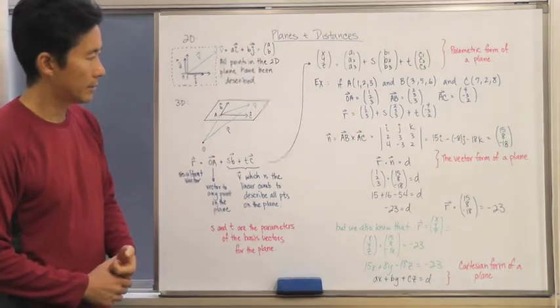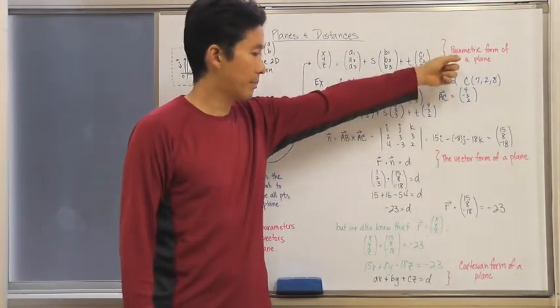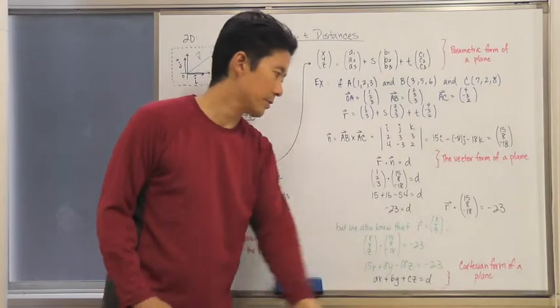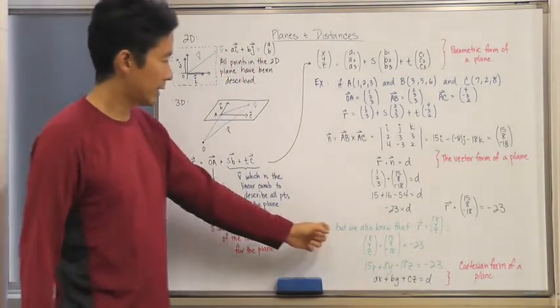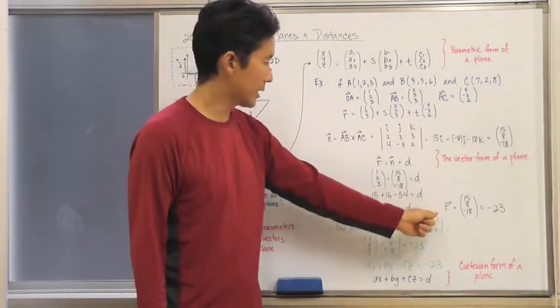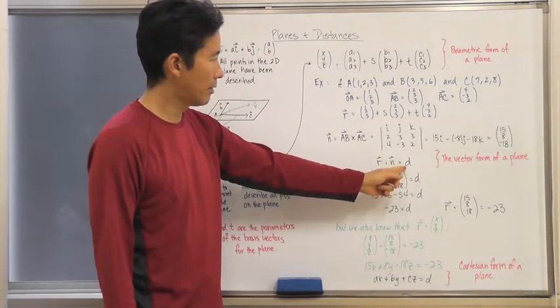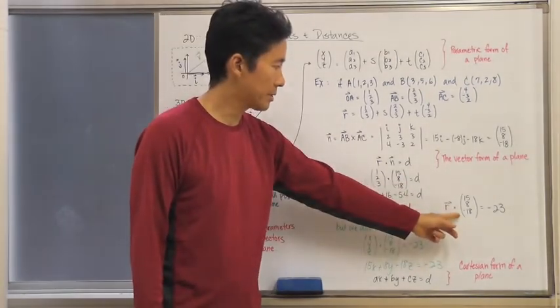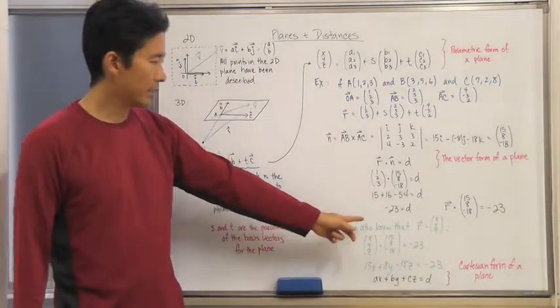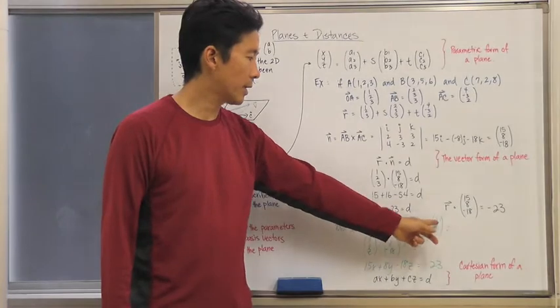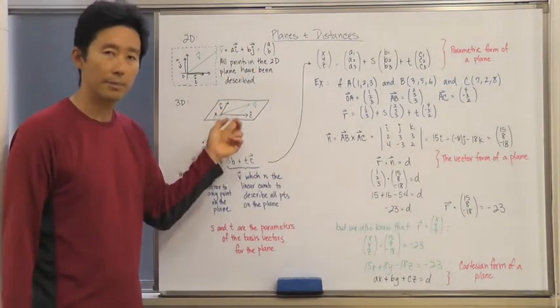Okay, now that's the vector form of the plane and the parametric form of the plane. What we need to do now is take a look at the Cartesian form of a plane. If we take a look at this particular vector form of a plane, we'll start off with this one here because this is a specific equation. We also know that the resultant vector is any x, y, and z that is in the plane.